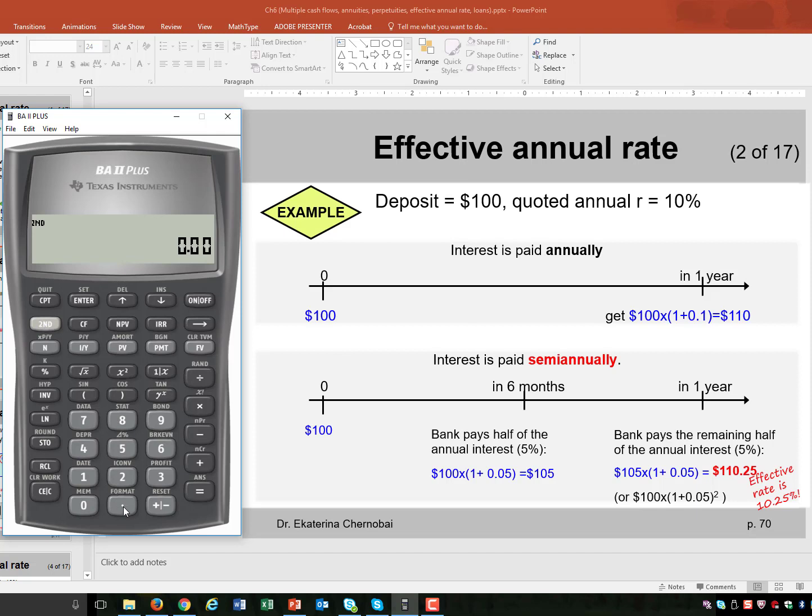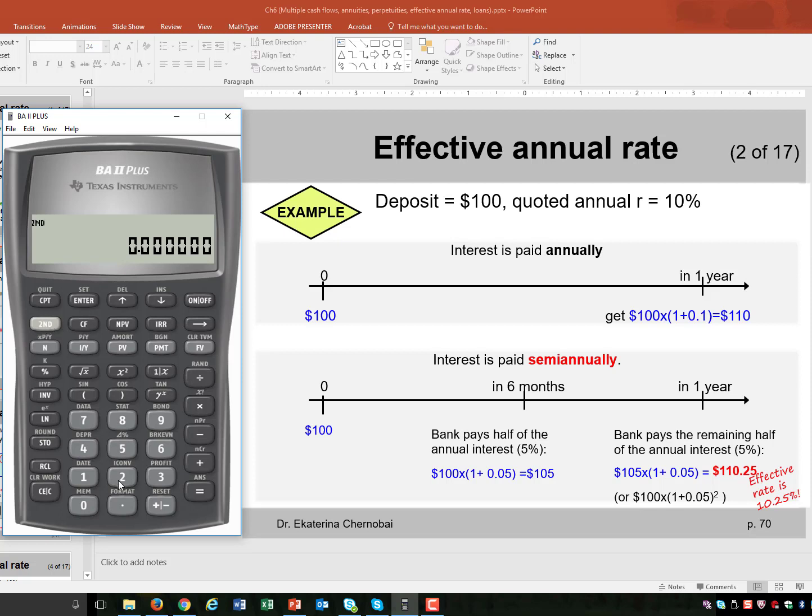Second, for decimal place, let's make it not 2 but 6. 6, enter. And now let's see how we can go from the 10% quoted annual rate to the 10.25% effective annual rate. You do the following.